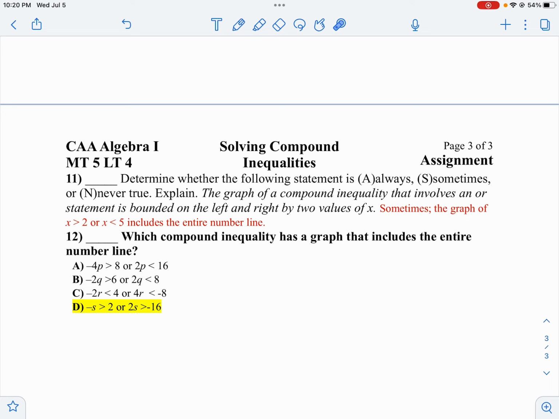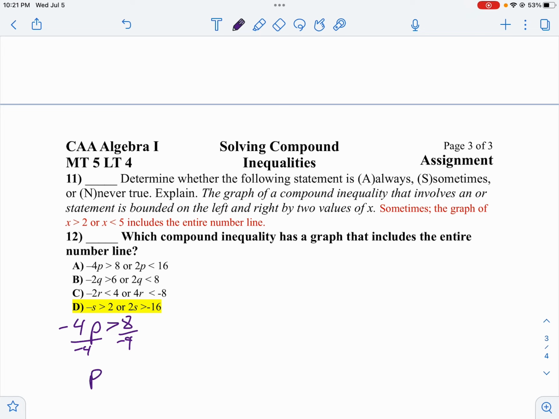Now, we're going to do that same thing on number 12. Which one of these is going to be the entire number line? Well, let's start with letter A. I would divide by negative 4. I'm going to rewrite this because it's kind of hard to see. So I got negative 4p is greater than 8. So I'll divide by negative 4.